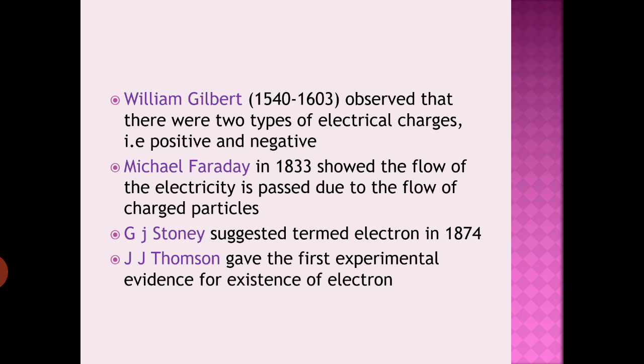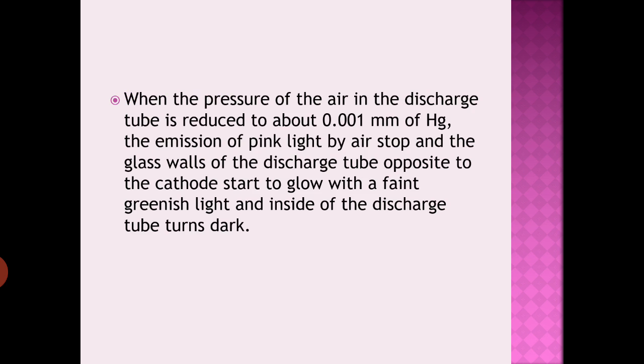The term electron for the fundamental electrical particle was first suggested in 1874 by G.J. Stoney. J.J. Thomson was the one who first experimentally showed the existence of the electron. This was the basic background we should know before coming to our topic, the discovery of electron.